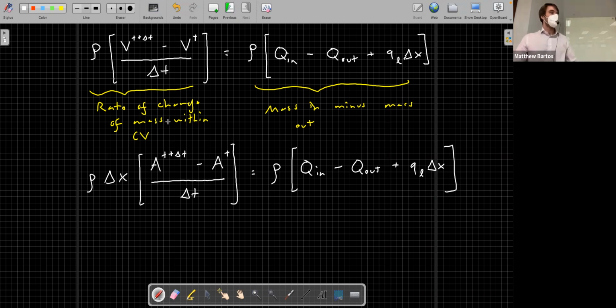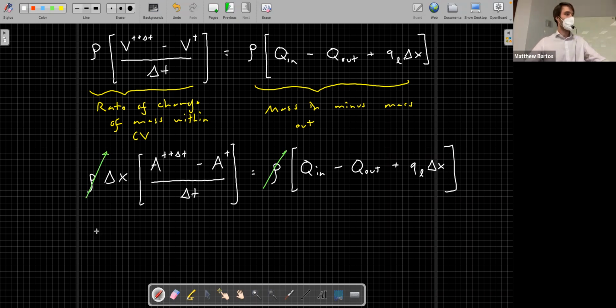Okay, so we can simplify this a bit more. Note that we can divide by the density on both sides. It doesn't really matter here, so let's go ahead and cross that out. And we can also divide by this delta x here.